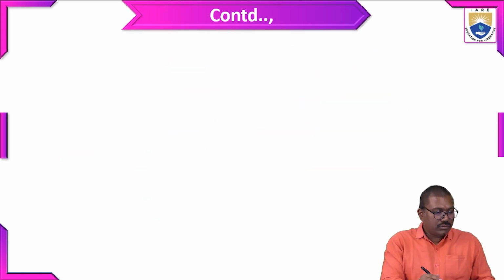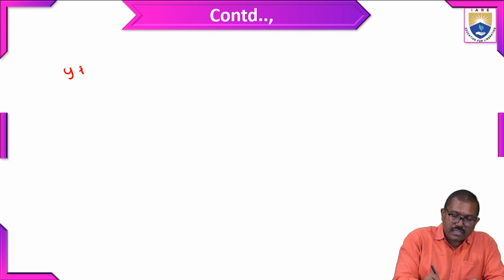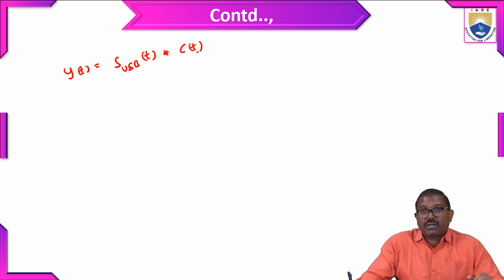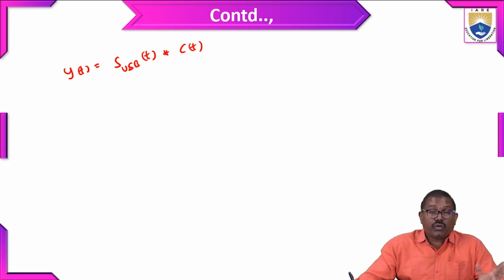So here we would write the output of the coherent detector is given by y(t) equals s_USB(t) into c(t). Why? Because in this problem a second carrier is given at the coherent detector.